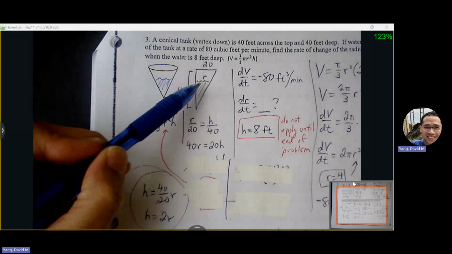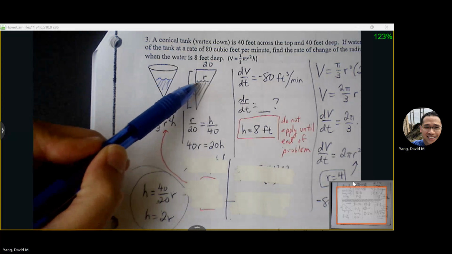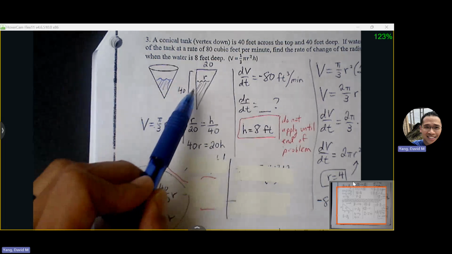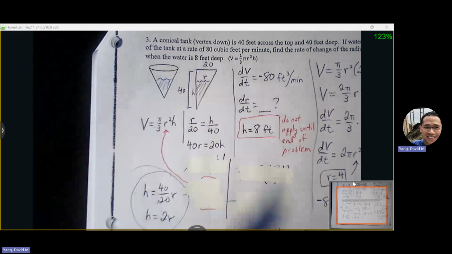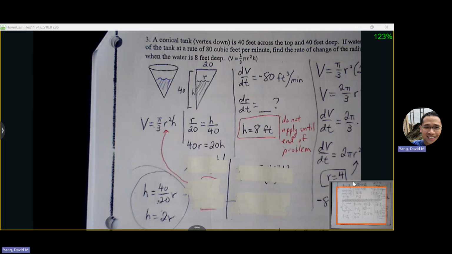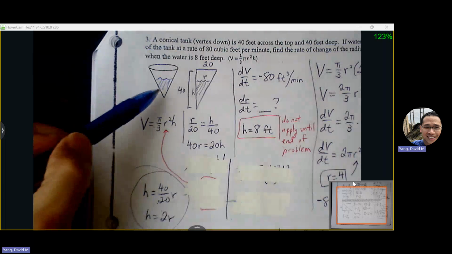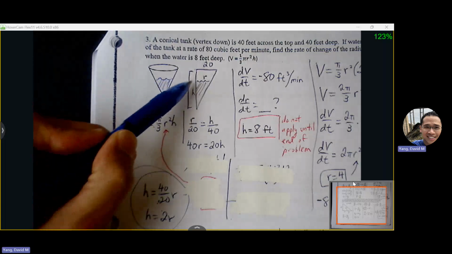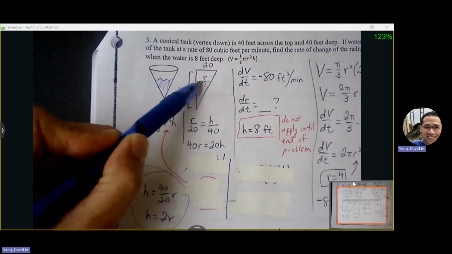Is the radius of the water level changing? Yes. As water's coming in, that radius is going to grow larger and larger, because the cone's dimension will keep expanding in both directions. It's going to get wider and it's going to get taller. So both the radius and height are changing, and that's why we have to keep both as variables.